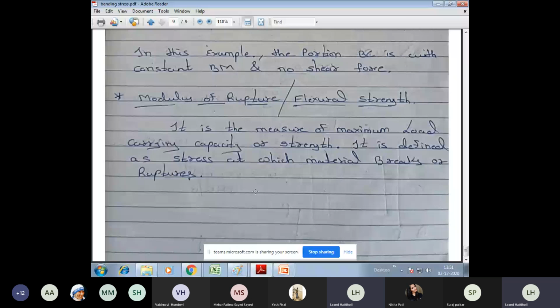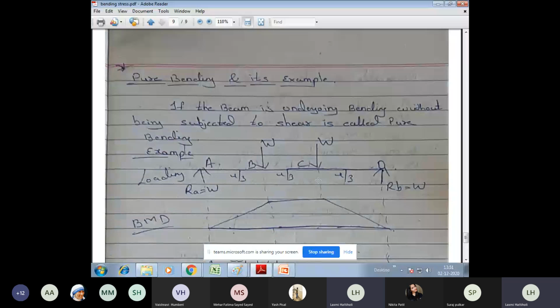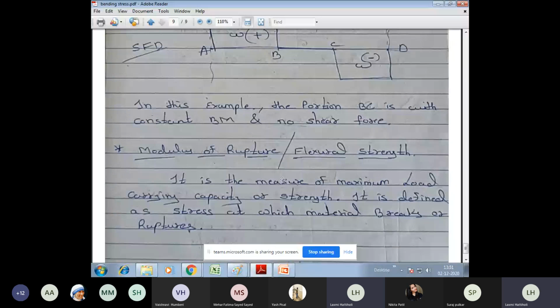So this is all about today's class. In the next class, we shall start with the numerical examples. In the numerical examples, usually they'll ask you to calculate the moment of resistance. How do you calculate the moment of resistance?